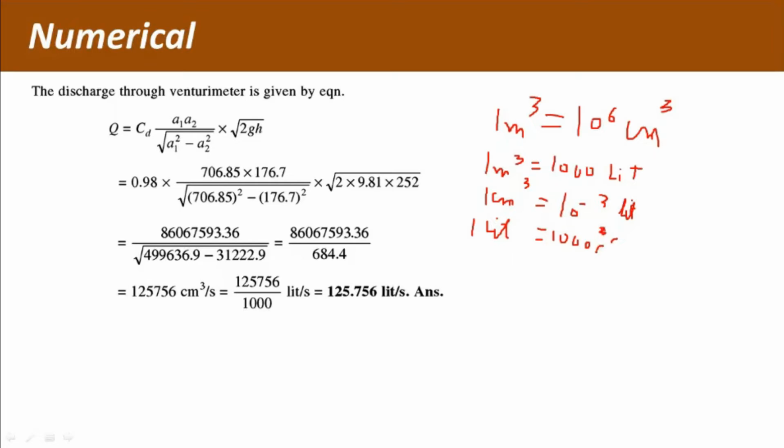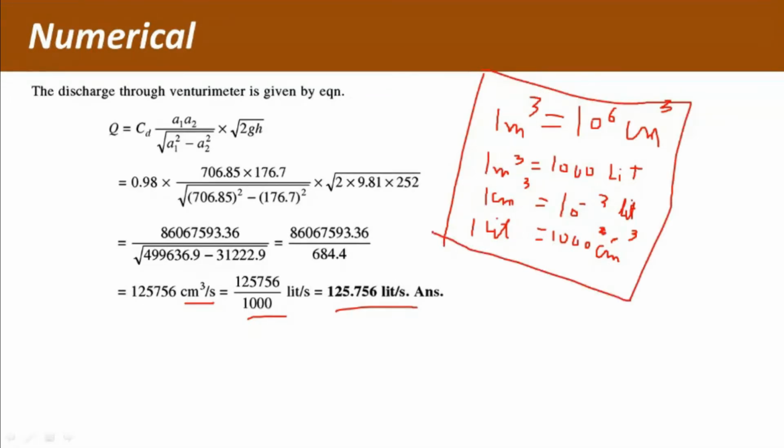Remember these conversions. 1 liter is 1000 centimeter cube. So basically 1 centimeter cube per second will be 10⁻³ liters per second. So divided by 1000, it is 125.756 liters per second. ये 4 conversions आपको एकदम याद रहने चाहिए while solving the problem.